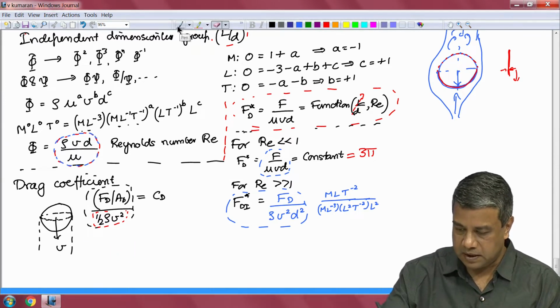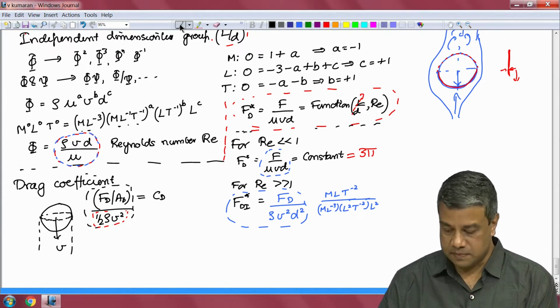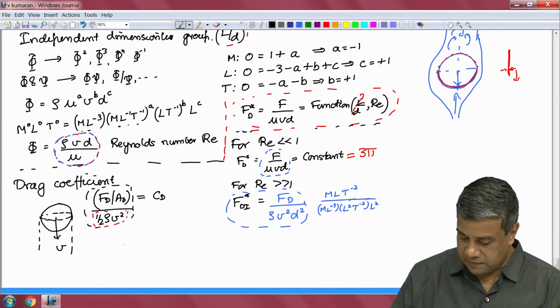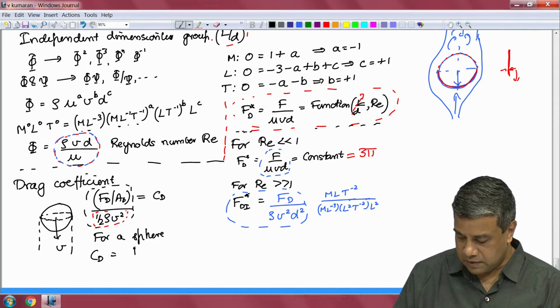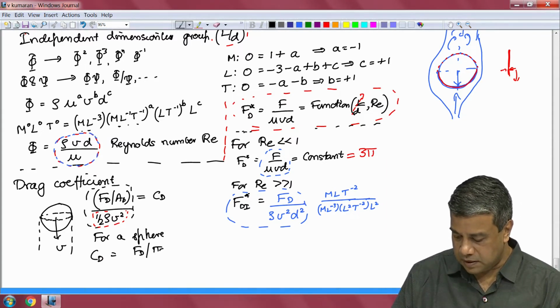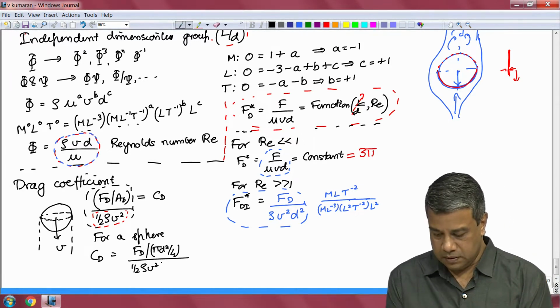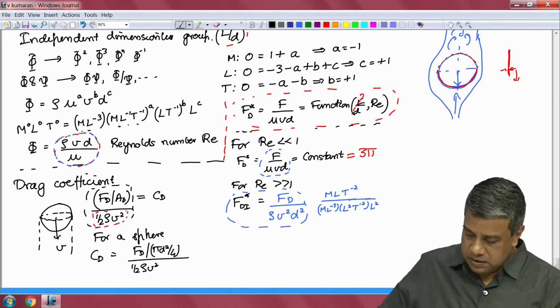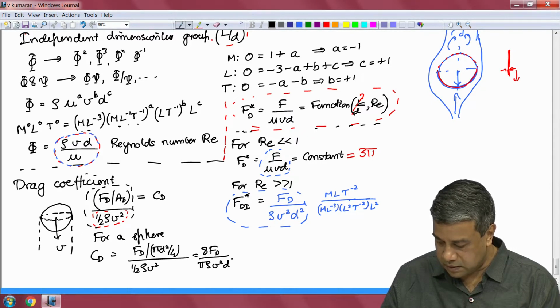The drag coefficient is defined this way. For a sphere, the projected area is pi d square by 4. So the coefficient is the force divided by the projected area, pi d square by 4, divided by half rho v square, and this is equal to 8 F d by pi rho v square d square.